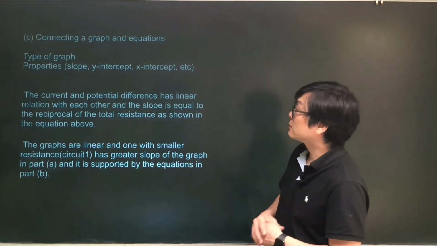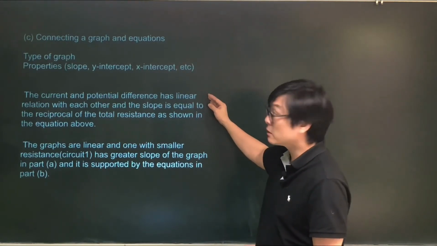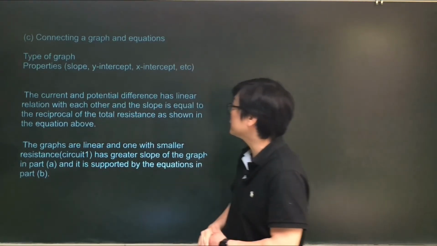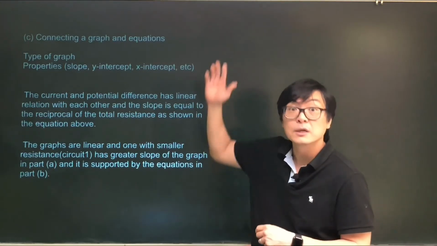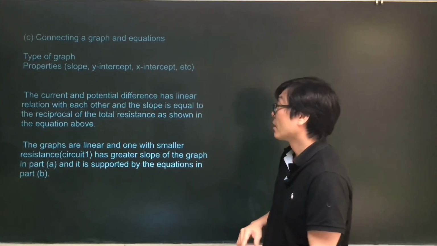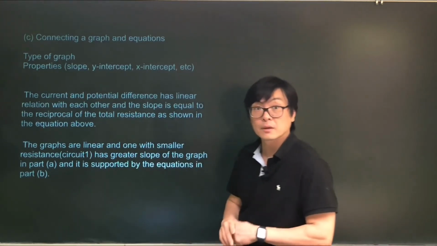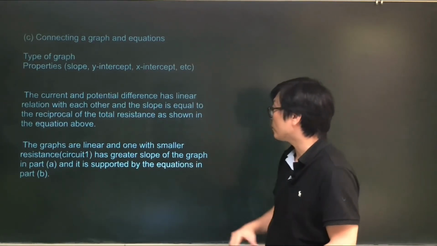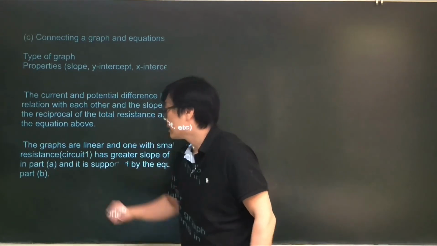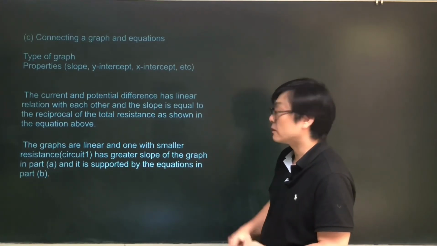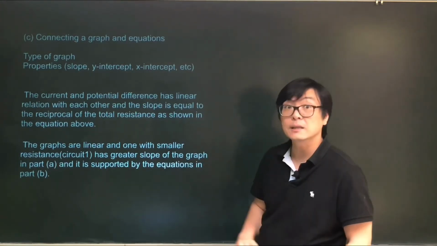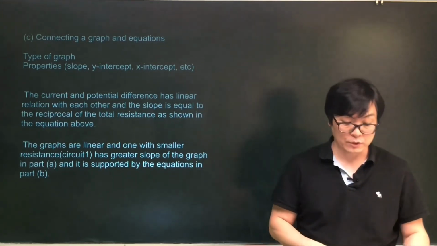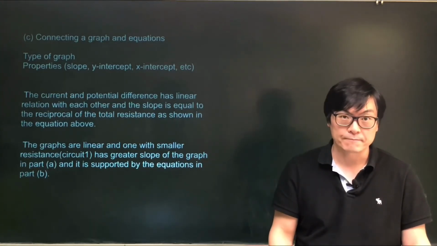The current and the potential difference have a linear relation with each other, and the slope is equal to the reciprocal or inverse of the total resistance, as shown in the equations above in question B. The graphs are linear in question A, and the one with a smaller resistance, circuit 1, has a greater slope in part A, and it is supported by the equations in part B. So we clearly link the two concepts, quantitative and qualitative, properly. That could be one proper answer for that.